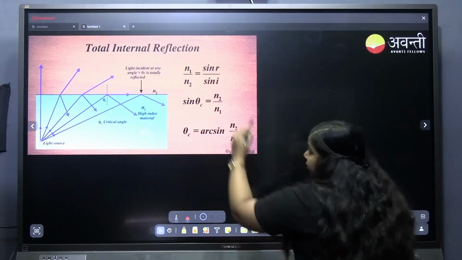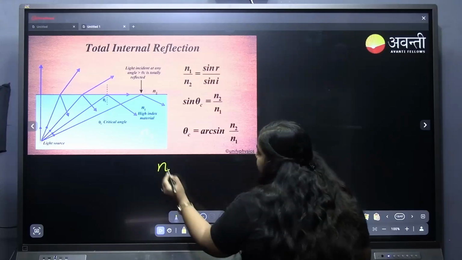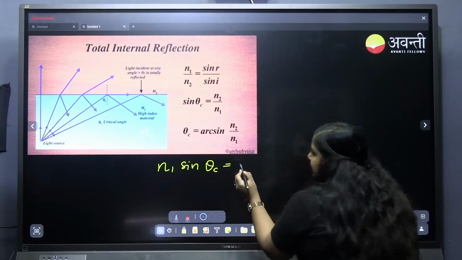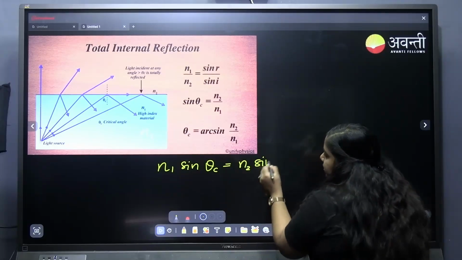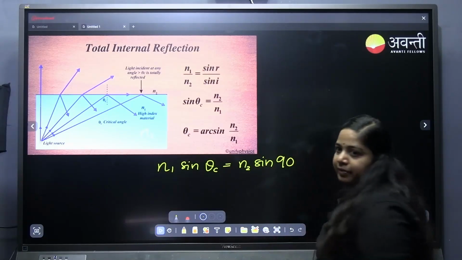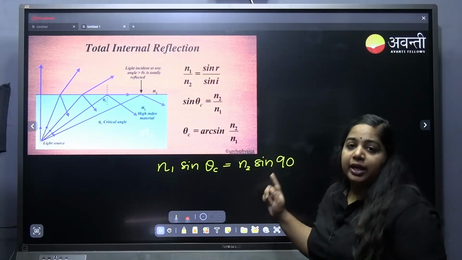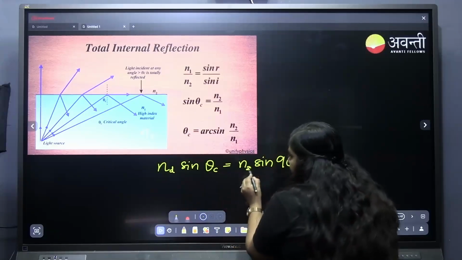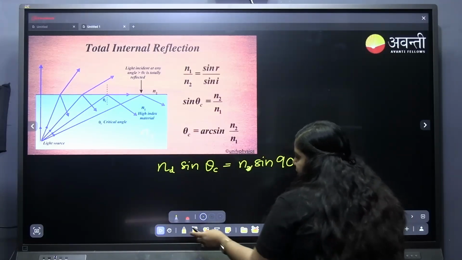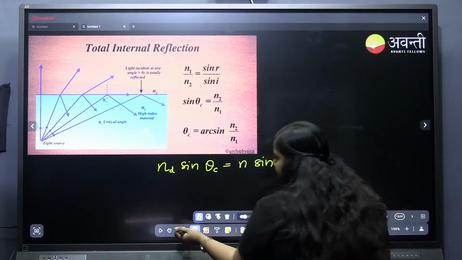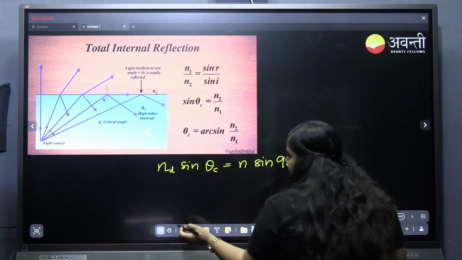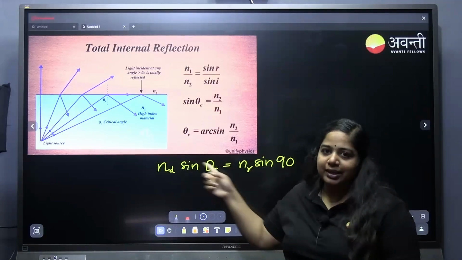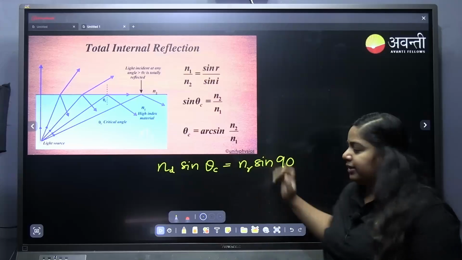Okay, in that case, if you see our formula, this is n1, no? So n1 sin theta c, critical angle, is equal to n2 sin 90. n2 is the rarer medium. If you get confused, instead of n1 and n2, you can write nd and nr, for not getting confused. Incident angle is in the denser medium, the other is the rarer medium.